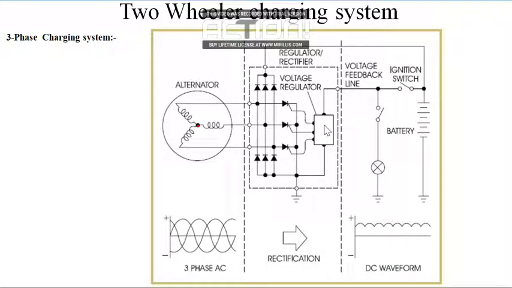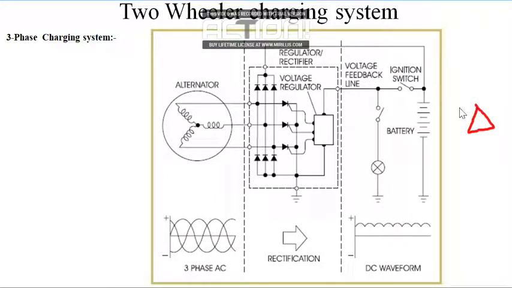How it is located: it should be like this, in reverse bias. One leg is here, or if we simply see, we can draw it over here.